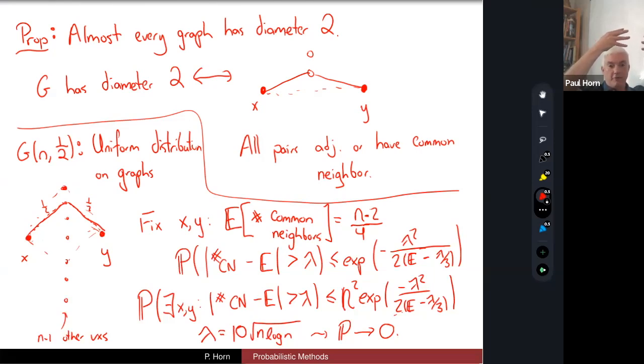Nearly n over 4 common neighbors. And in particular, not only is my diameter 2, but there are lots and lots and lots of paths of length 2 between every pair of vertices.